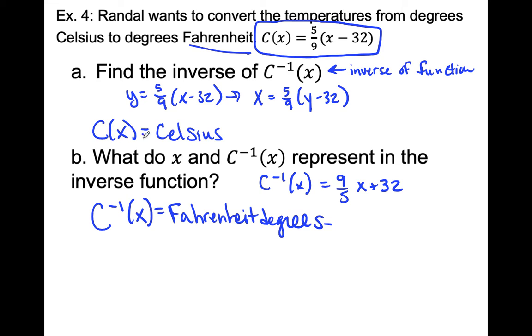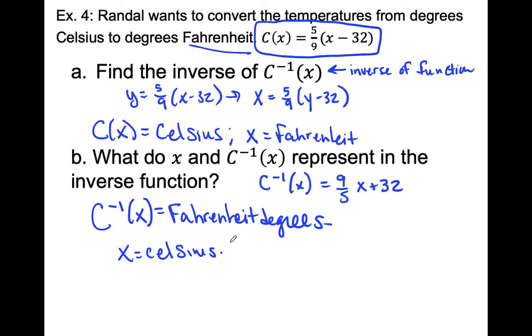So if c of x is Celsius, that means in the original, your x was your Fahrenheit. So if they ask you for x in this one, if the inverse is Fahrenheit, that means x is now your Celsius.